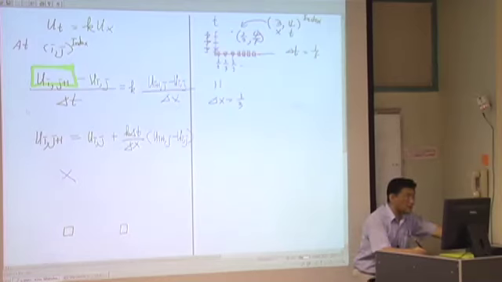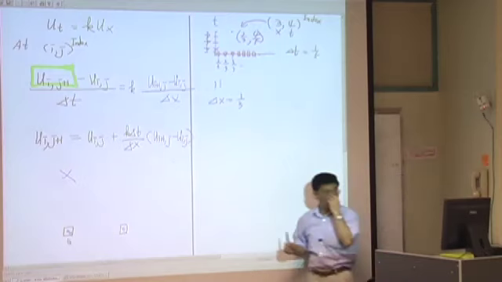Then take a look at the right-hand side. What terms do we use? On the right-hand side, uij is used, and then this is u i plus 1 j, and then uij is used. Do you follow me?